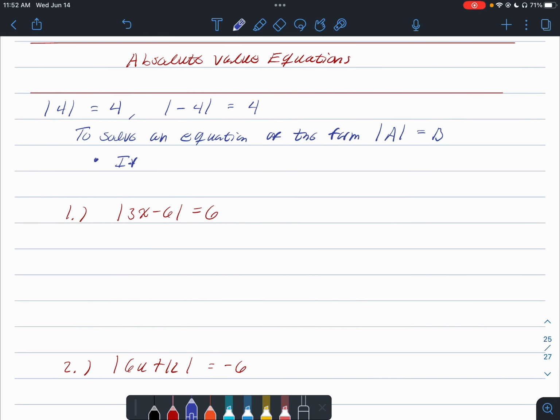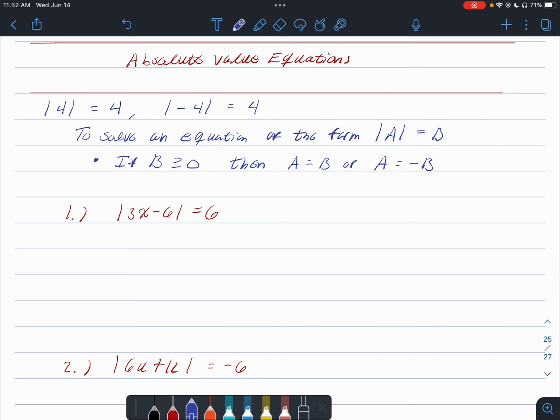If b is greater than or equal to 0, then a equals b, or a equals negative b.